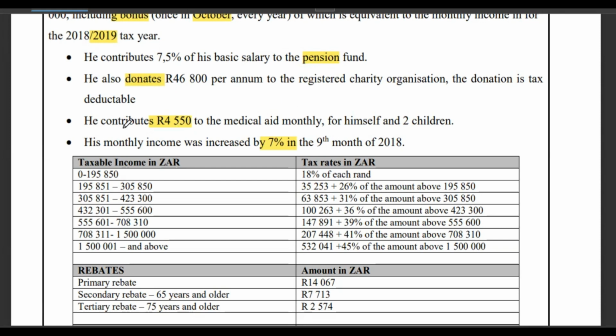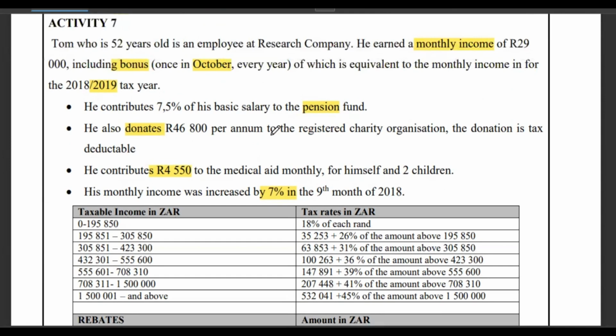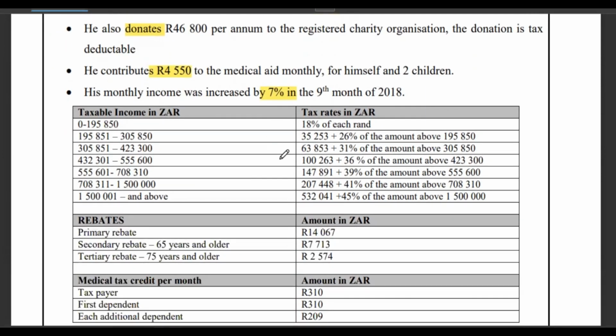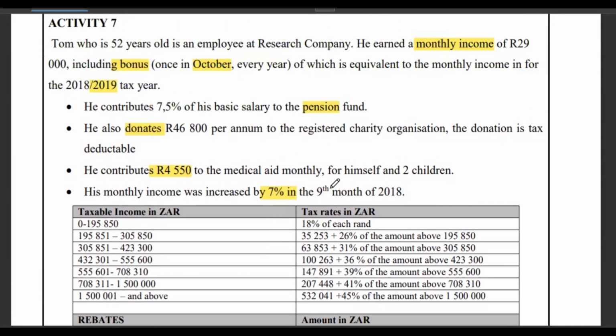Any other contribution? No. Medical aid is fine. The monthly income was increased by that much, so someone might increase the money before, which is okay. They were not that specific.